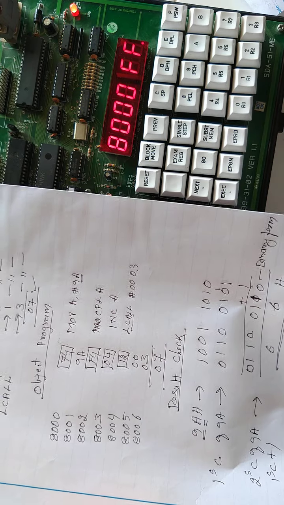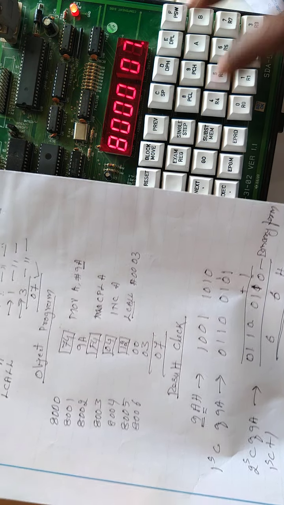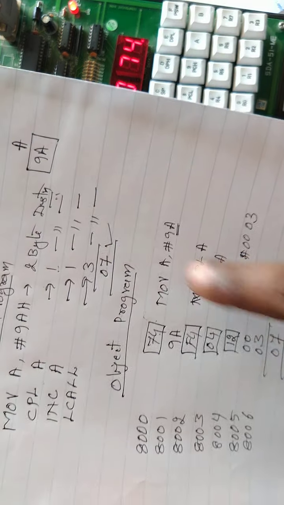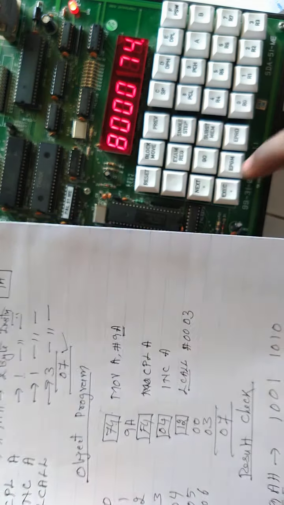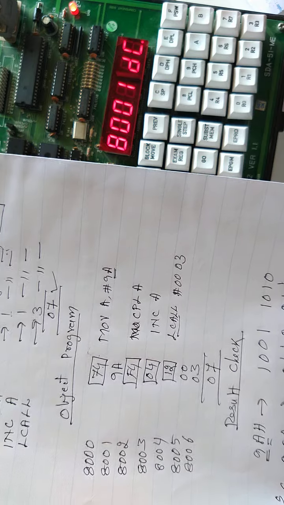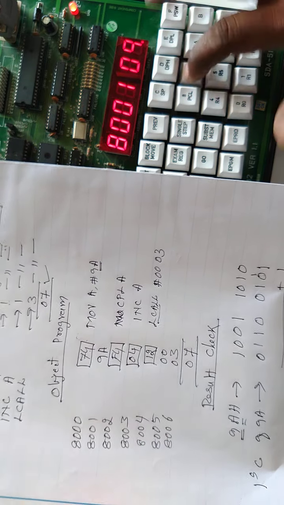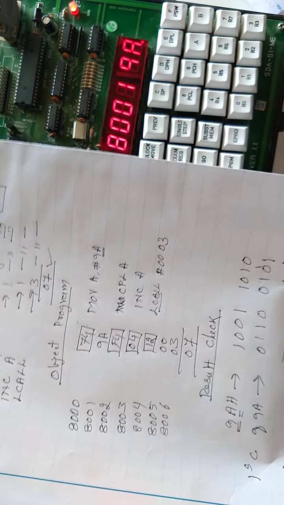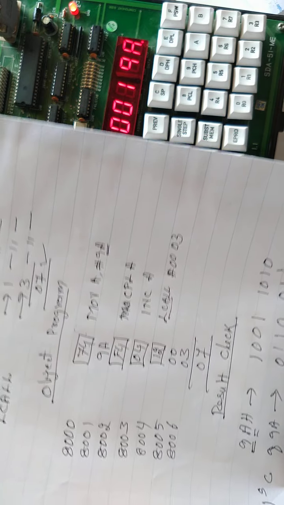This field is displayed. 74 is the opcode for this instruction. Then just press next to increment the address 8001. Then feed the data 9A, whose complement has to be found.